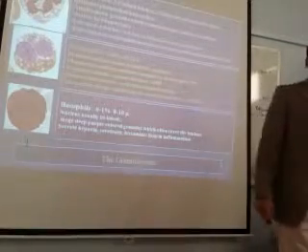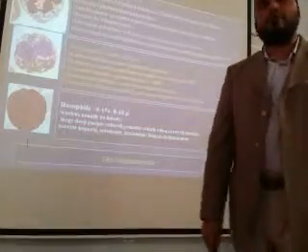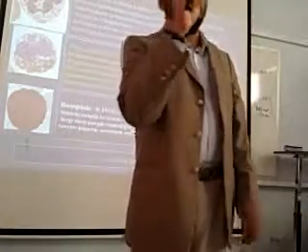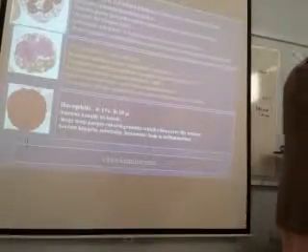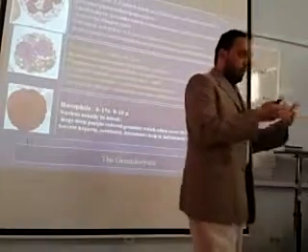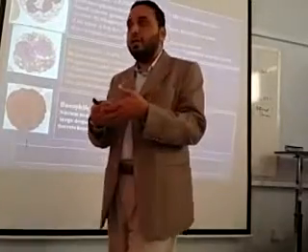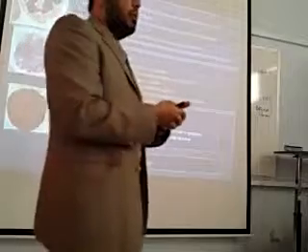Another point is why they are called neutrophils. Because their granules take up both those stains, pink and blue. Both of them are there, which basically gives it a neutral appearance, hence called neutrophils.